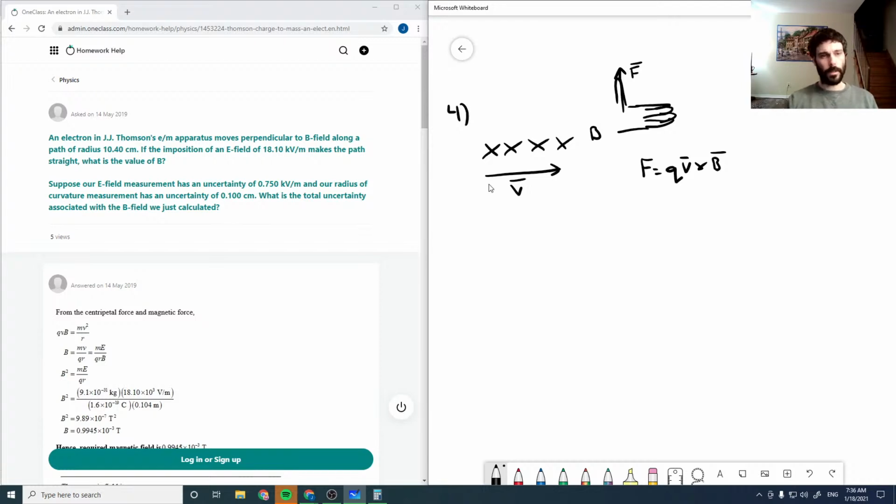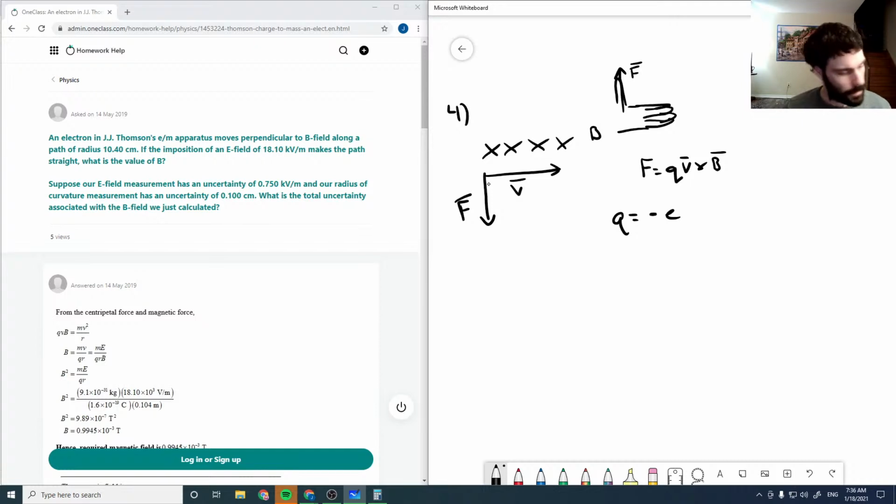But in this case, because we're talking about an electron, we have to invert the force, so the force is actually going to be downward. So not according to the right-hand rule, but that's because q is minus e.